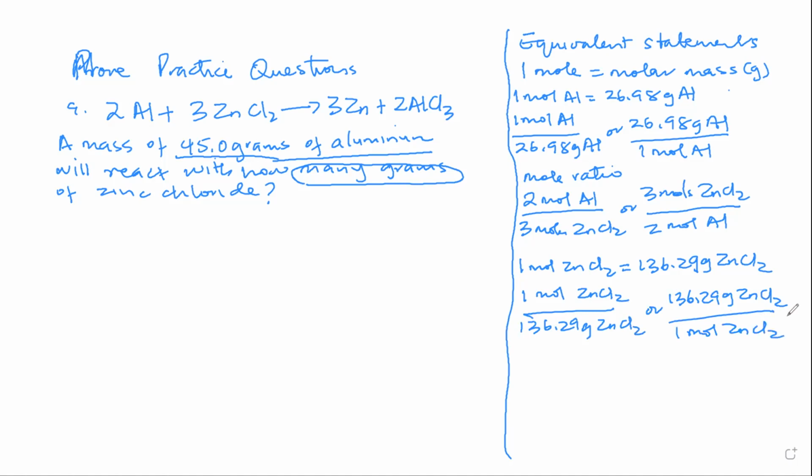Now, remember, we call it zinc chloride because zinc is an exception among the transition metals. It doesn't have multiple cations. So some people may be wondering, why is it not zinc 2? It's not zinc 2.